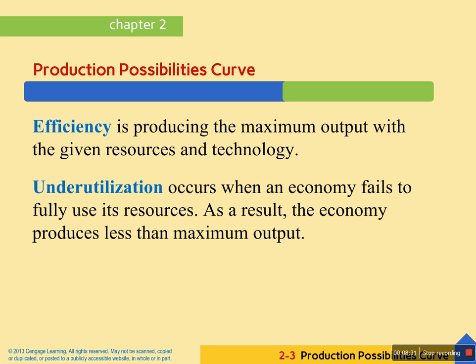Any point on a graph that is to the left of that curve represents underutilization. It's not an efficient use of the current resources and not reaching maximum production levels. Beyond that, to the right side of the production possibility curve, signals an impossibility. It's not possible based on the current resources available.